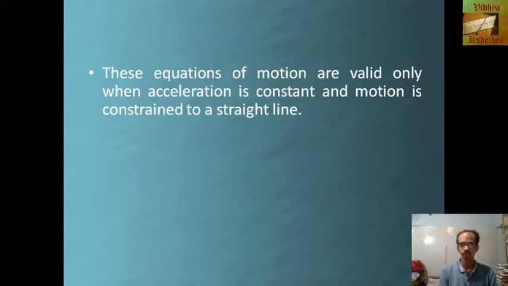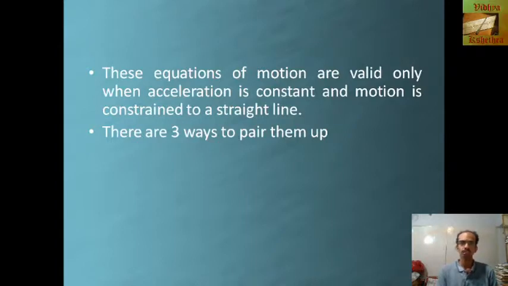For example, in the case of a car traveling through a road, the degrees of freedom for the car is only one. That is, it will be traveling towards the left or towards the right. In this case, we can make an assumption that this car is traveling in a straight line and apply these equations of motion.